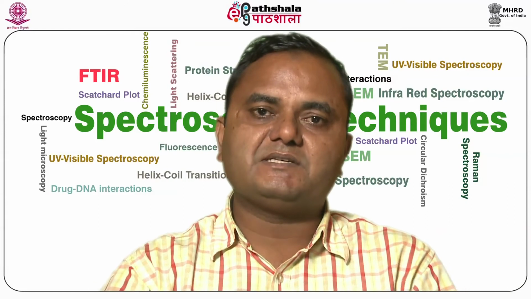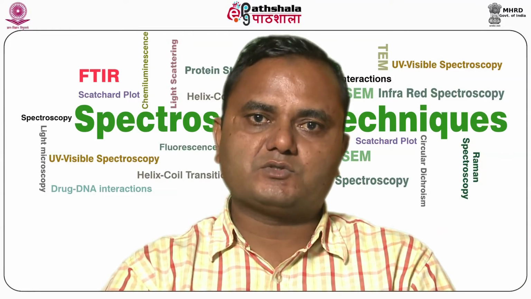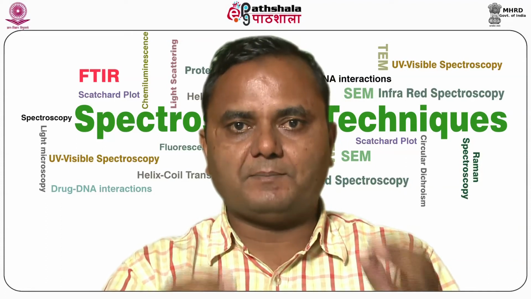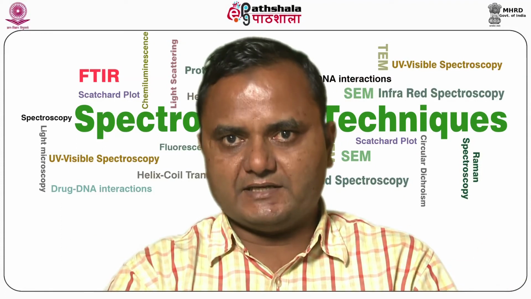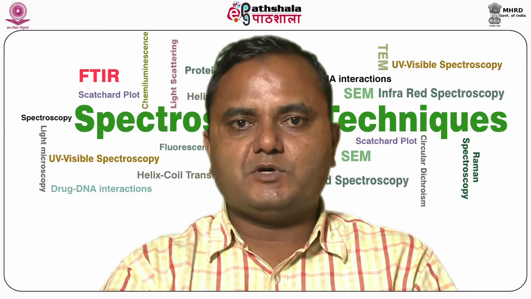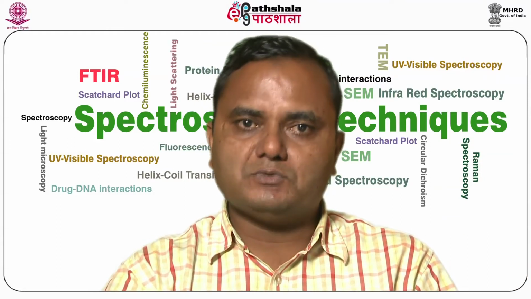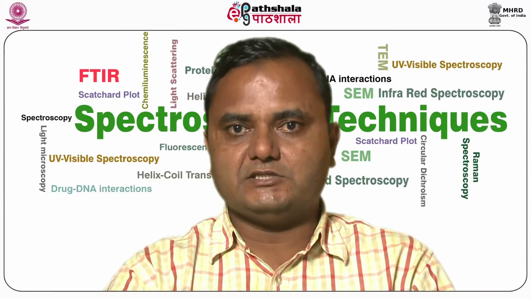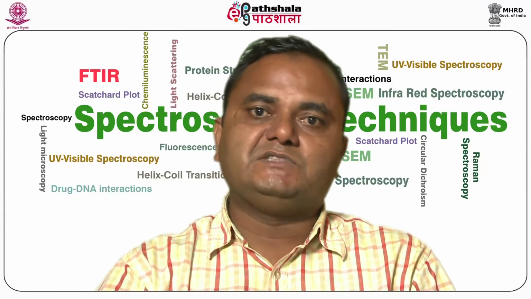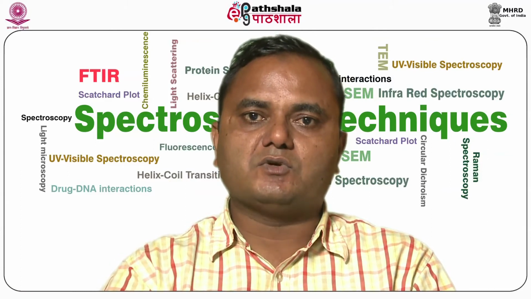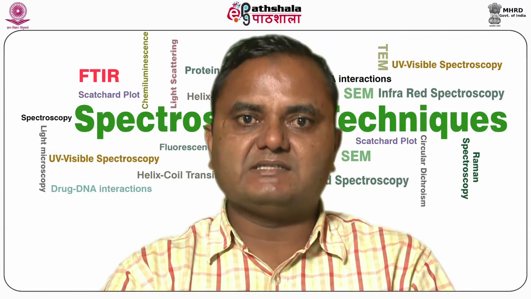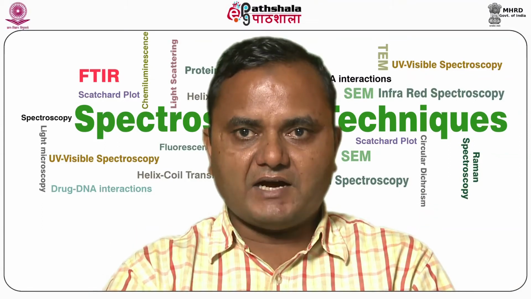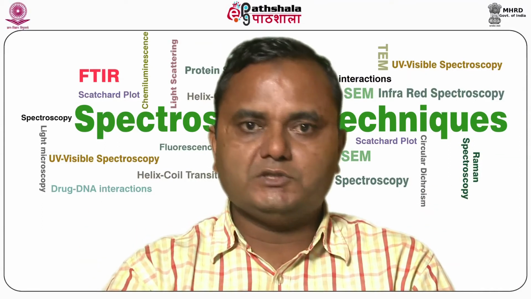Now we talk about atomic absorption spectroscopy. In analytical chemistry, atomic absorption spectroscopy is a technique used to determine the concentration of a particular metal or element in a sample. It can be used to analyze the concentration of over 62 different metals in solution. The technique typically makes use of a flame to atomize the sample, but other atomizers such as a graphite furnace are also used.